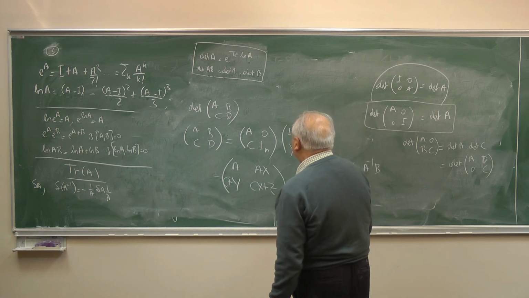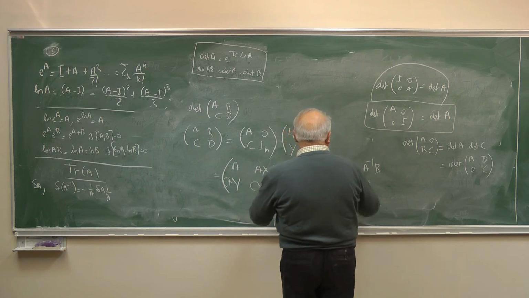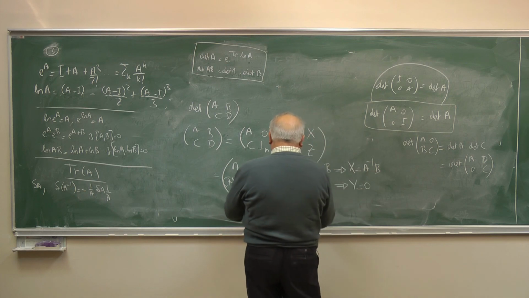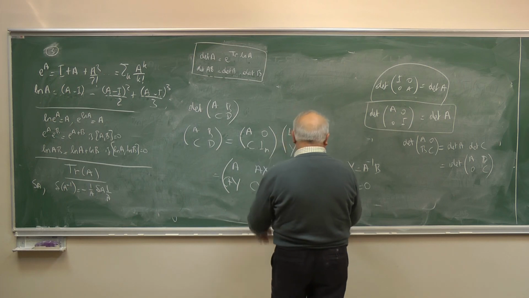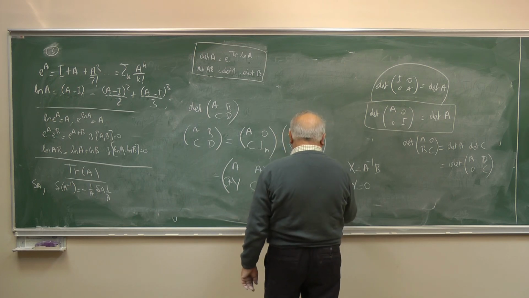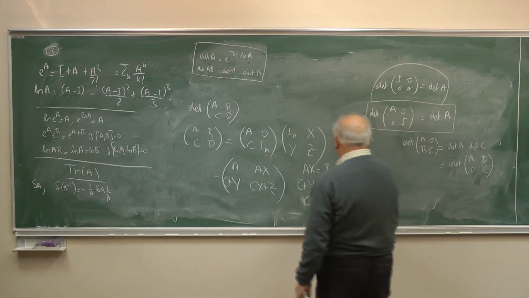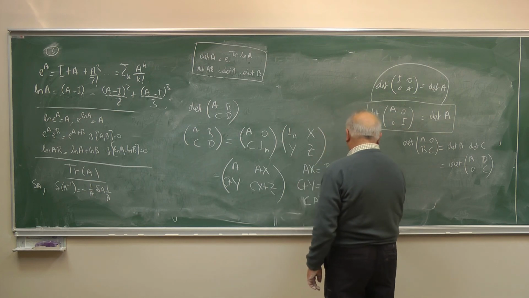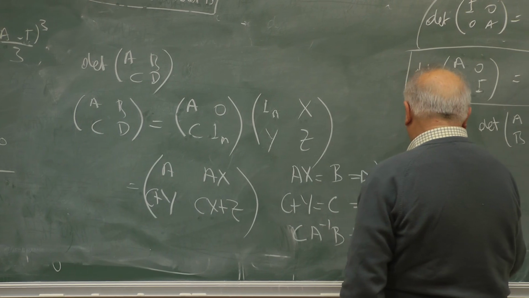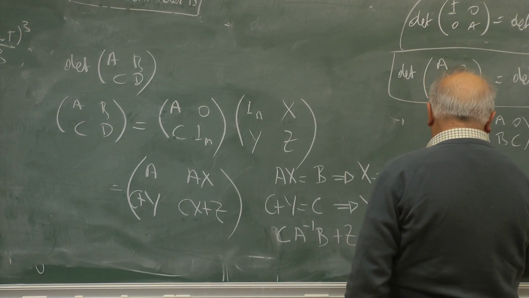And CX plus Z, where X is A inverse B, so C A inverse B plus Z equals D. Therefore, Z is equal to D minus C A inverse B.